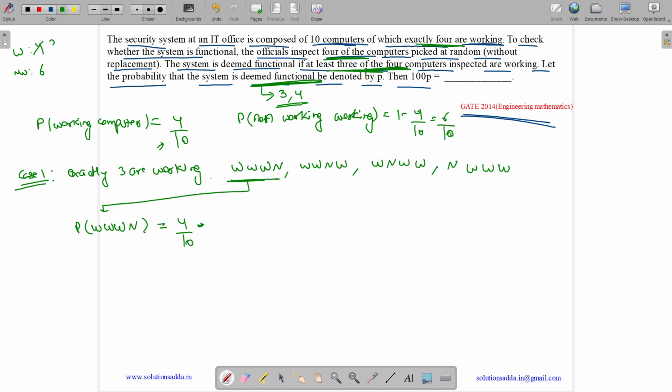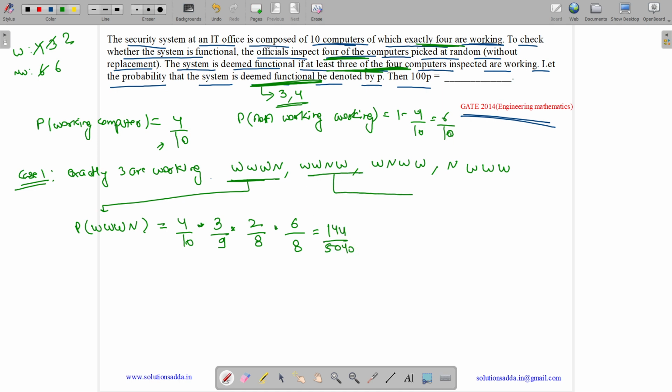If we take out one computer, working is left to be 3 and total are 9. So next probability is 3 by 9. Now if we pick out a working, it's left to be 2, so it's 2 by 8. Now if we pick a non-working, non-working is 6 and total are 7, so it's 6 by 7. So it comes out to be 144 by 5040.